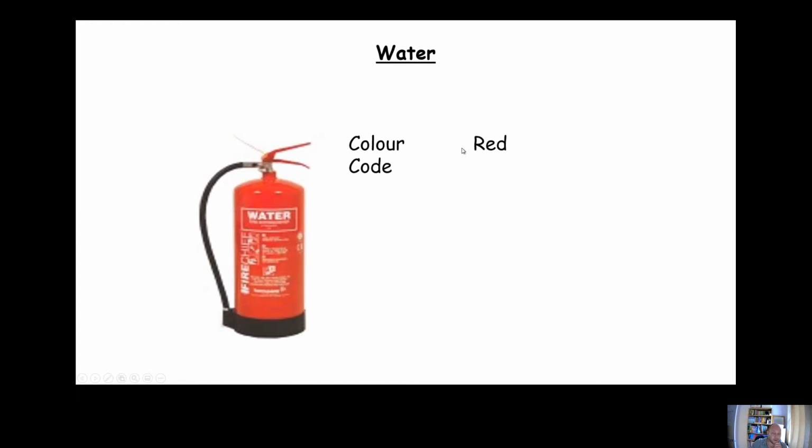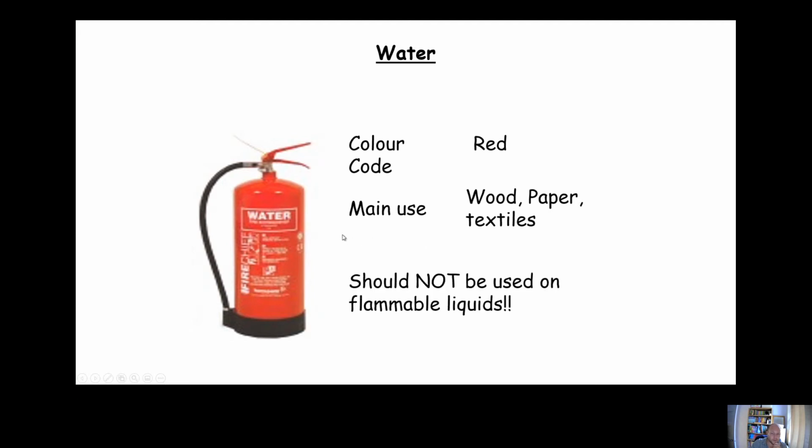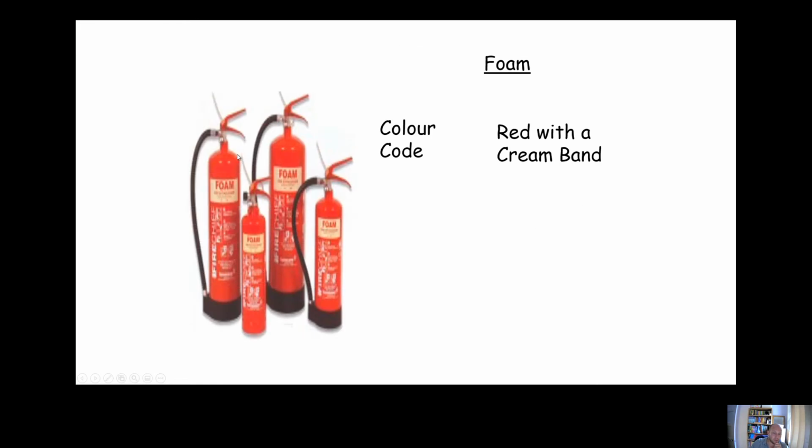Water extinguishers are just red. It's a red body with a red band. We can only use water on Class A fires: wood, paper and textiles. It should not be used on flammable liquids. Foam is red with a cream band. We can use it on solid and liquid fires.